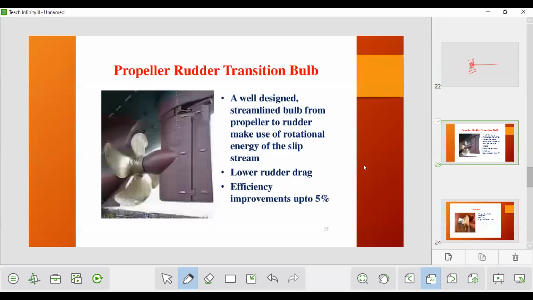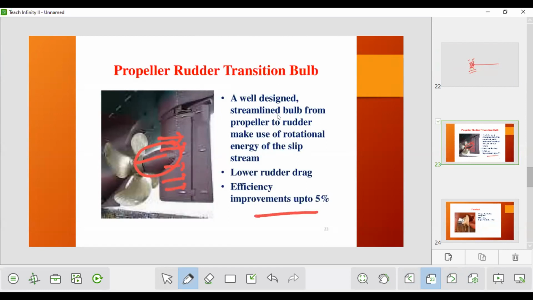Then the propeller rudder transition bulb. It means this one: from the hub, it is directly streamlined onto the rudder. That means the flow goes onto the rudder, so the rudder efficiency is also improved, with lower rudder drag. As a whole, it improves efficiency.